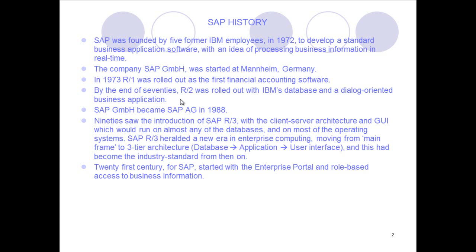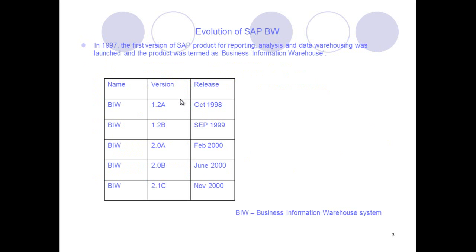So this is the 3-tier architecture which SAP is built on, and this has been the industry standard since the 90s. In the 21st century, SAP started with the enterprise portal and role-based access to business information.